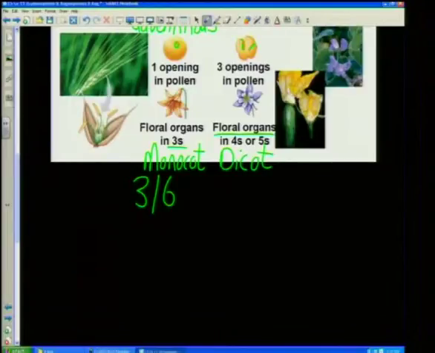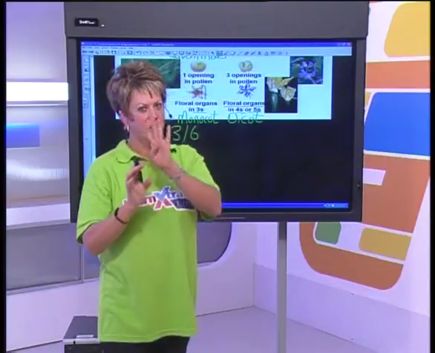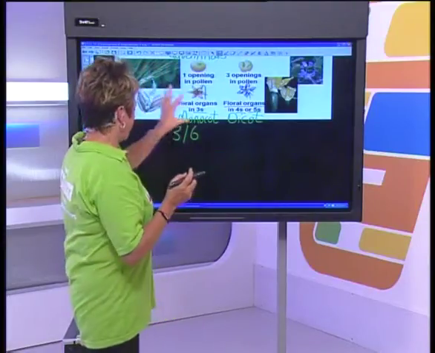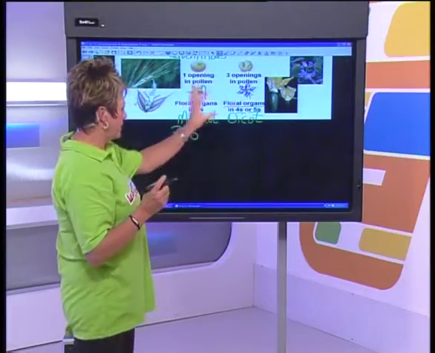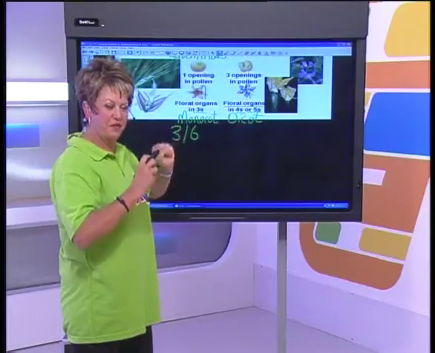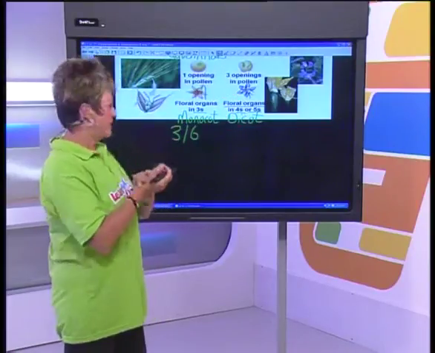That is a monocot flower. If you count the floral parts, the petals, and there are 4s or 5s, then you know it's a dicot plant. If you look on the inside and you count the number of stamens, and there are 3s or 6s, then you know it's monocot. Or if there are 4 or 5 stamens, then you know it's a dicot flower. So if you dissect flowers, you can look at the number of parts of the flower and see whether it's mono or dicot.